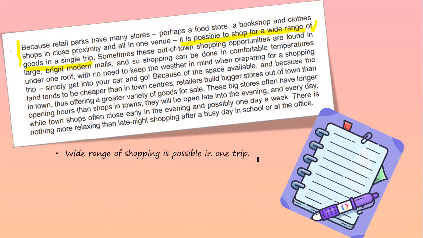I'm not writing it as it is because I'm quite choosy about my content points and I want to secure my one mark. Sometimes these out of town shopping opportunities are found in large, bright, modern malls, and so shopping can be done in comfortable temperature under one roof. I think that this line can make a good content point.